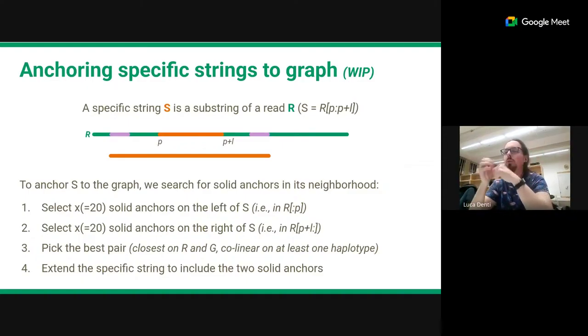So even if they are the closest ones on the graph, they are the correct ones anyway. So if I have a structural variation, a big deletion with respect to the graph, my assumption is that my solid anchors will be far away on the graph, yes, but still they will be the closest that I can find. So it shouldn't affect that much. We should be able to augment the graph with structural variation, even with this definition of best that is still not the best one.